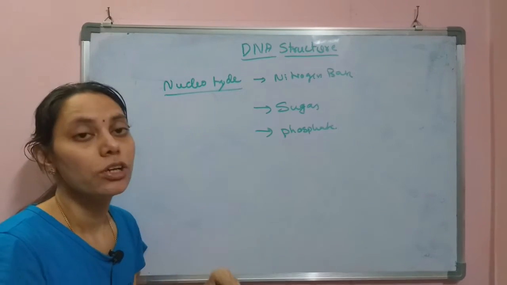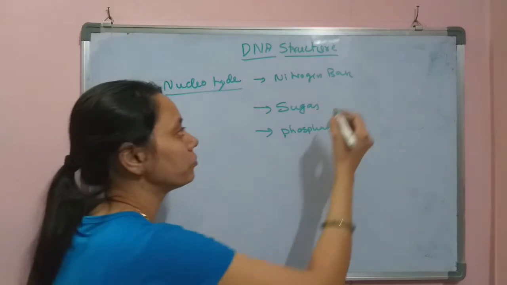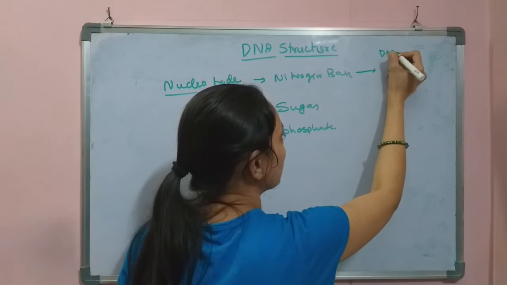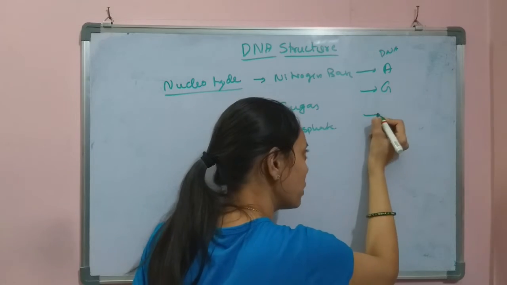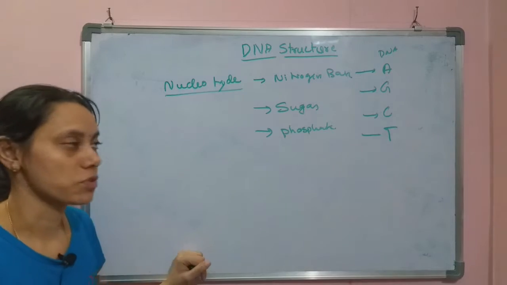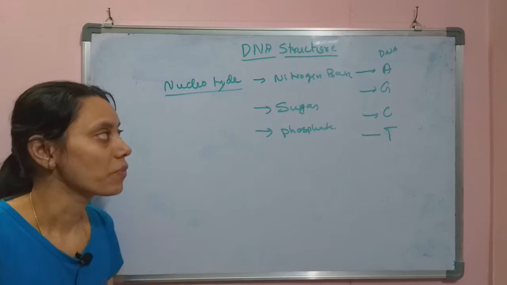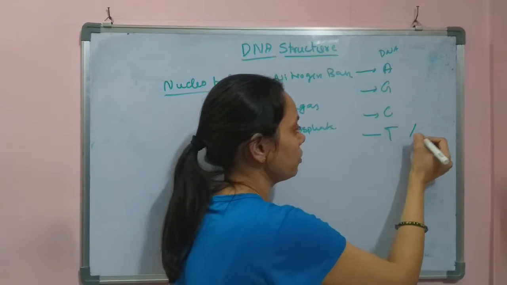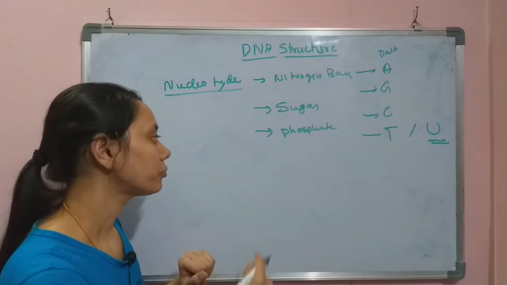There are 4 types of nitrogen bases and 2 types of sugars, pentose sugars, present in nucleic acids. The types of nitrogen bases in the DNA are adenine, guanine, cytosine and thymine. These 4 types of nitrogen bases can be found in DNA. And if you talk about the RNA, instead of thymine we will find the nitrogen base uracil.